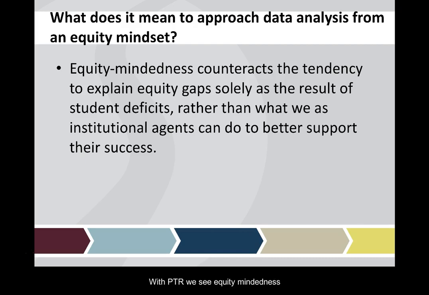With PTR, we see equity-mindedness as practitioners becoming aware of institutional inequities and taking responsibility for reducing educational opportunity gaps while striving for equity and parity in outcomes. This approach is based in equity-mindedness, which counteracts the tendency to explain equity gaps solely as the result of student deficits. Rather, what we as institutional agents can do better to support their success.